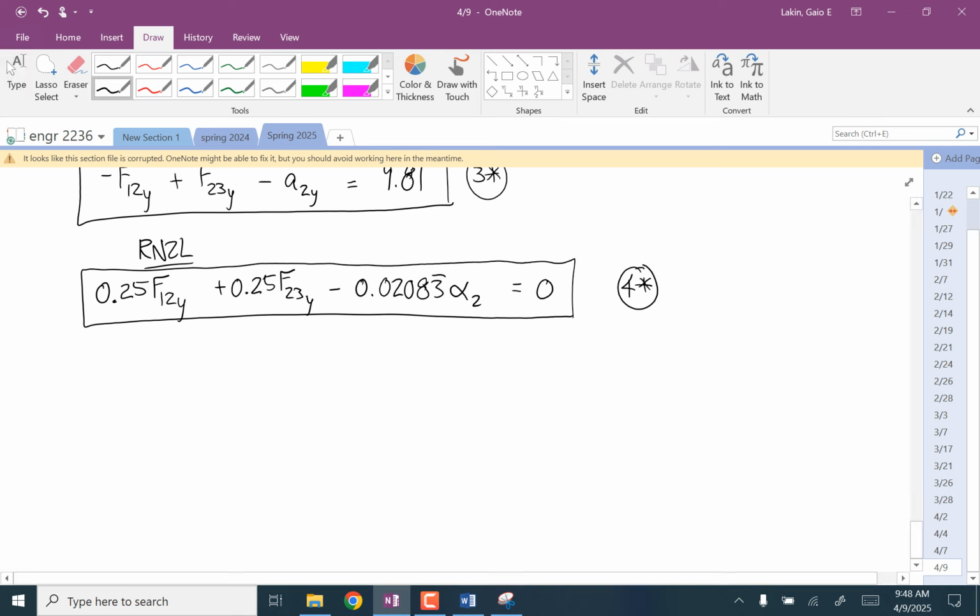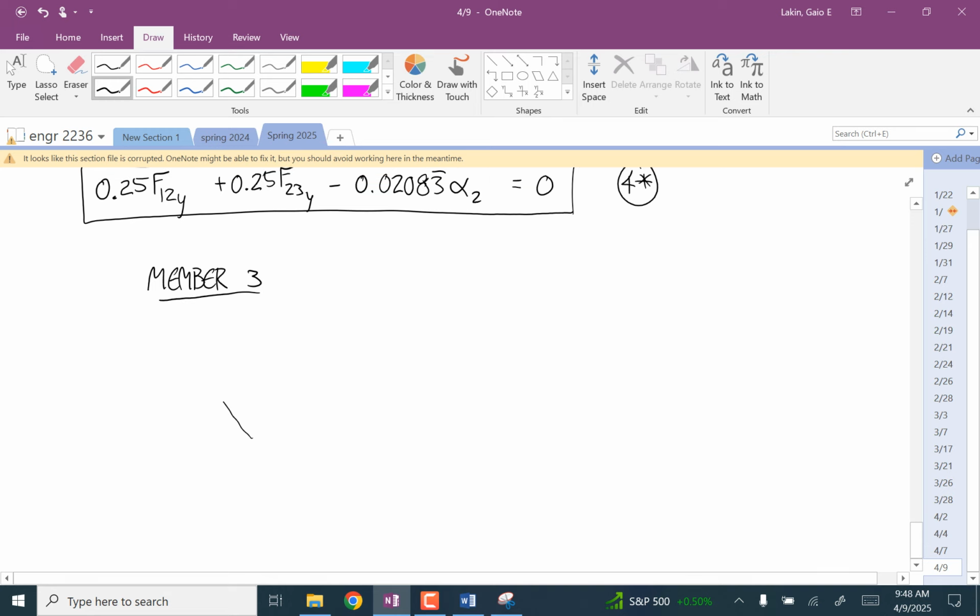Okay, and then do we have time for the last one? Maybe. Let's see. So now we're on member 3. Over here we have a force RC. What am I doing? I'm getting ahead of myself. Is there a fixed point on this one?